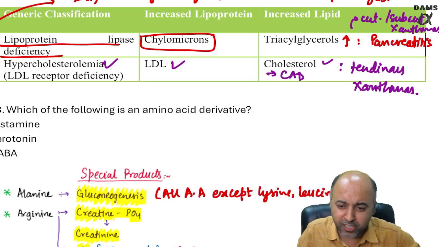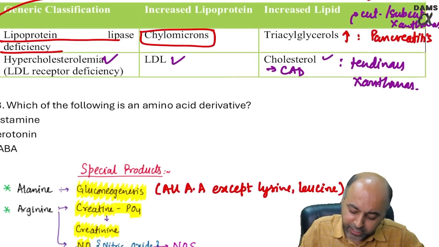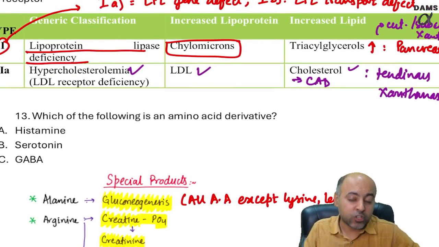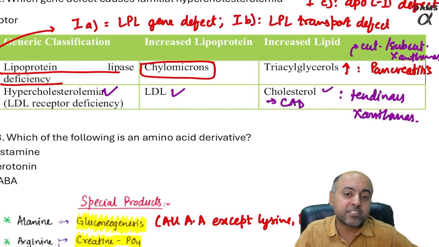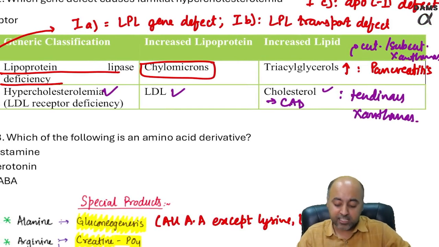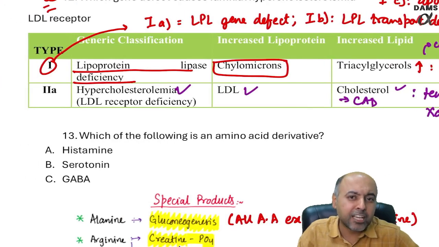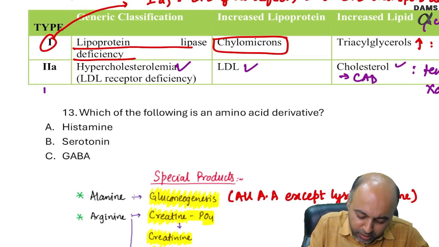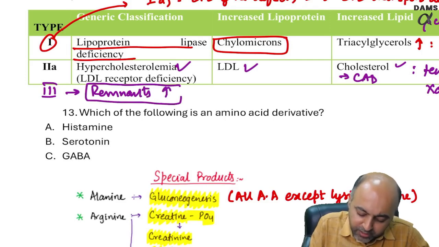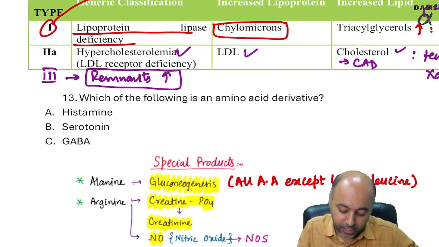Okay, so tendinous xanthoma and cholesterol elevation and coronary artery disease, whereas subcutaneous xanthoma and pancreatitis when the triglyceride level is elevated. The other types are generally not asked, so we will not go over them. The additional point you can remember is type 3, where remnants are elevated. Just remember this point: in type 3, chylomicron remnant and VLDL remnant are elevated.